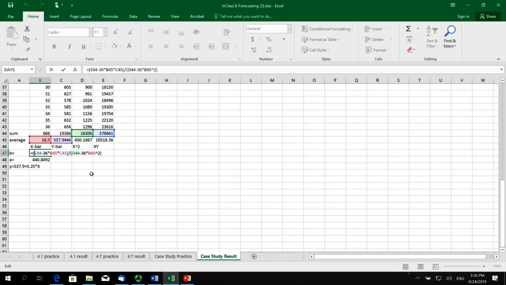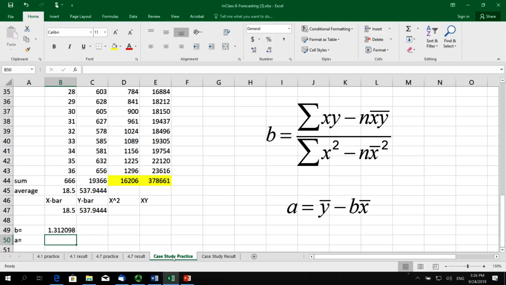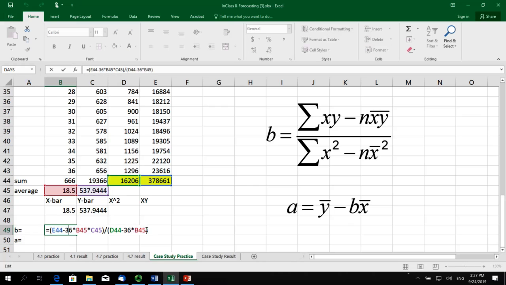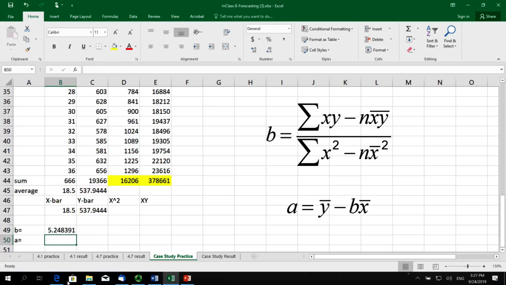So, missing a square value over here. Now your A equals y bar. So y bar, subtract B. B is your calculation times x bar.